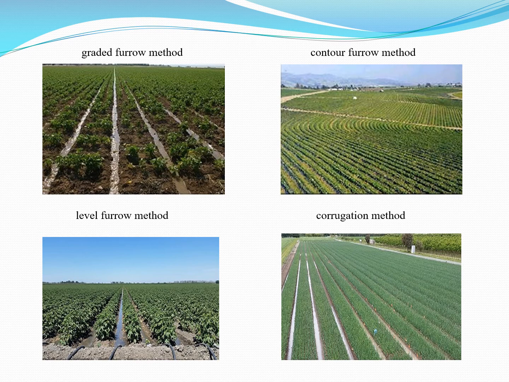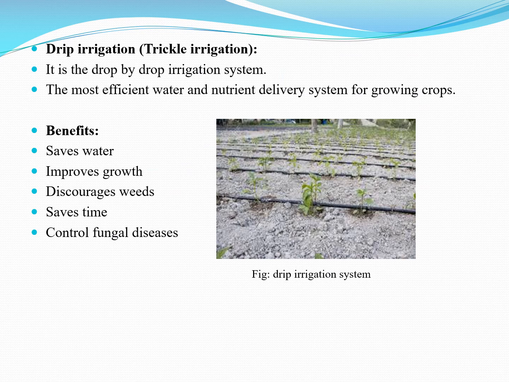The next and last furrow method is the corrugation method. These are small, closely spaced irrigation channels used to irrigate close growing crops.